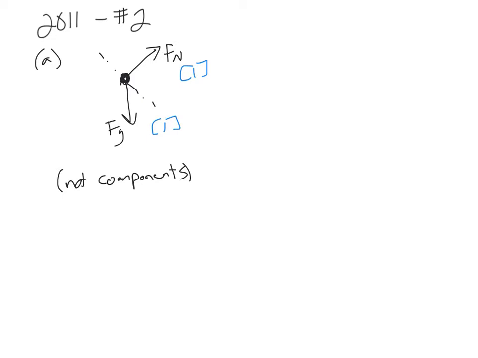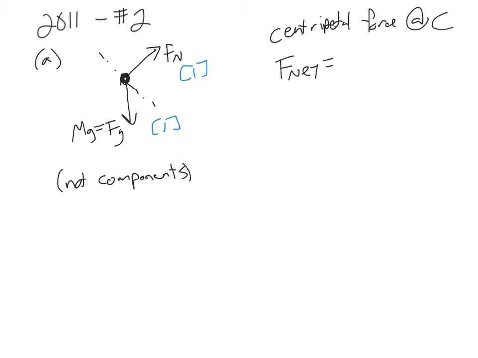Moving on to part B, it says in terms of theta and the magnitudes of the forces as drawn before, and this is equal to mg. They want us to determine the centripetal force at C. Now, your gut instinct will be to say that Fn equals the centripetal force, but that's not the case.